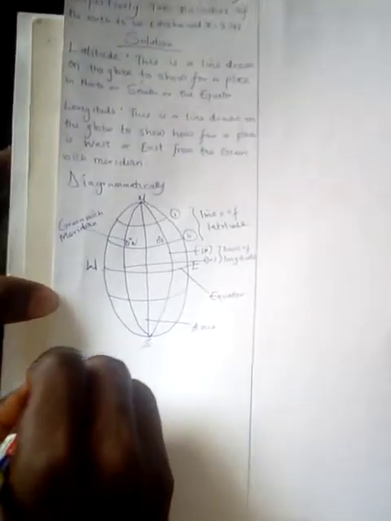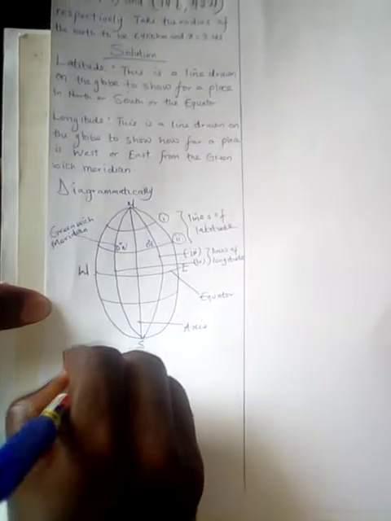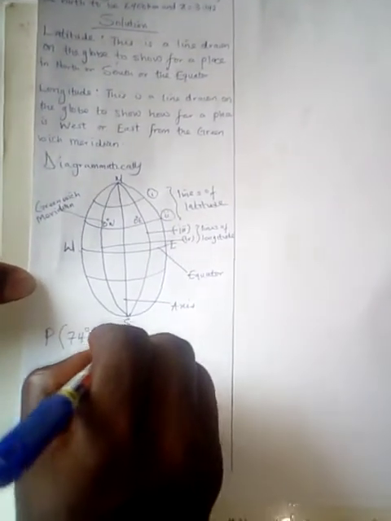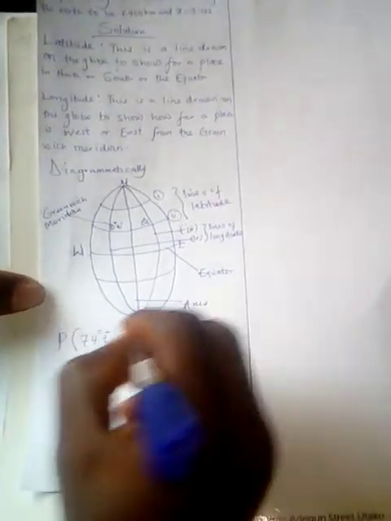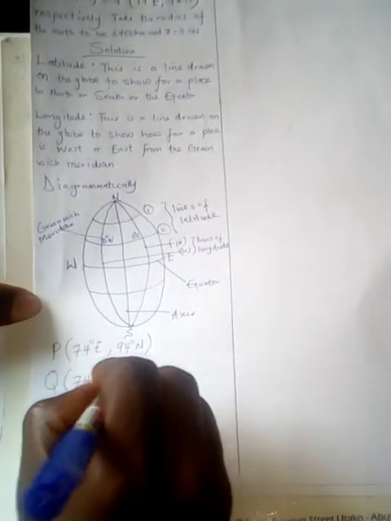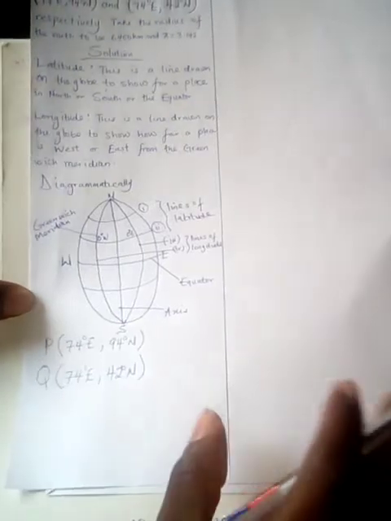Let me write out the points. P (74 degrees east, 94 degrees north) and Q (74 degrees east, 42 degrees north). So these are the 2 points I have.